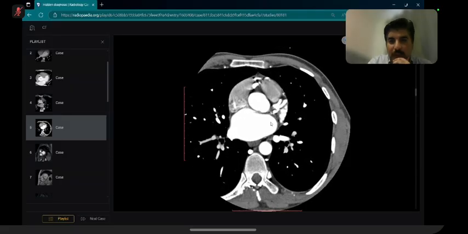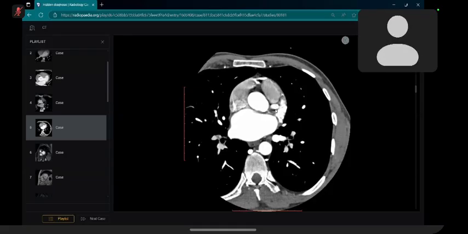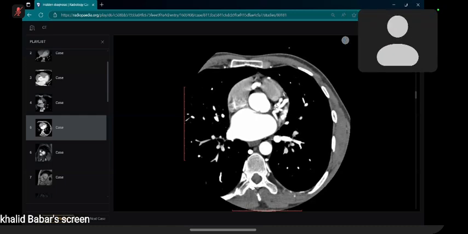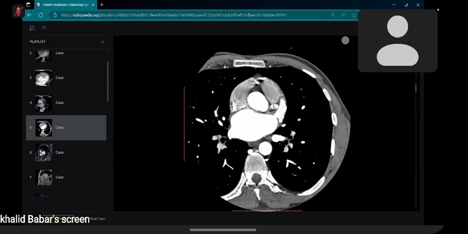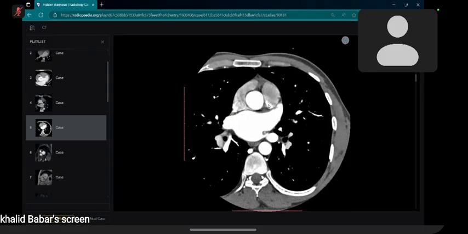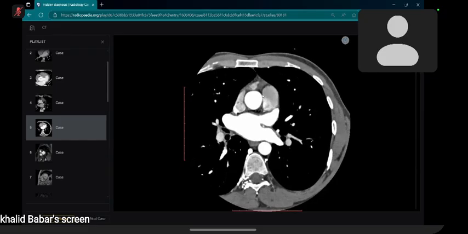Okay, let me help you. So here you can see, yes, the arrow. Sir, there is some common anomalous origin, and it is arising from the left.